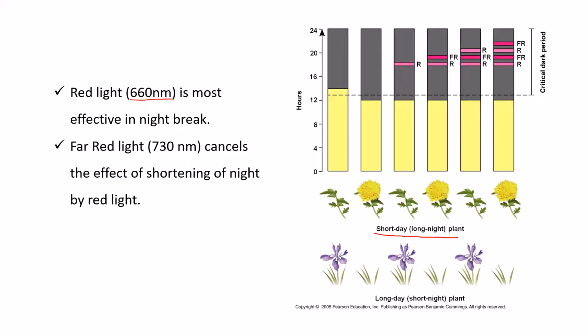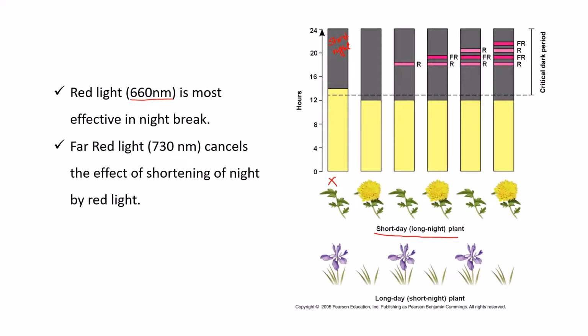So here you can see that it is a short night. The night is shorter than the day, so it is a short night. It is a short day plant, that means it needs a long night for flowering. Here it is a short night, that's why it is not flowering.